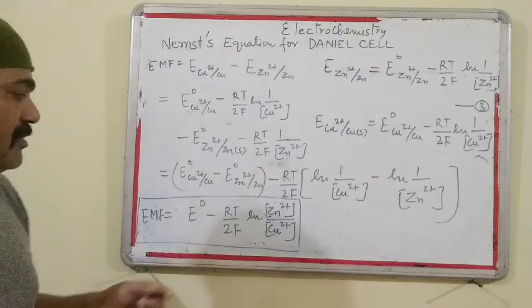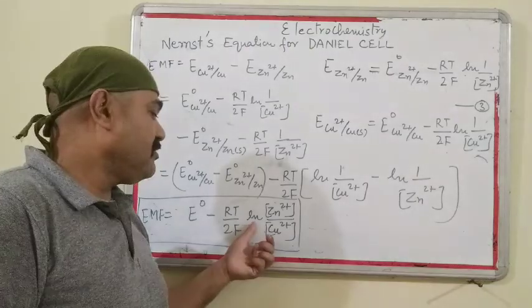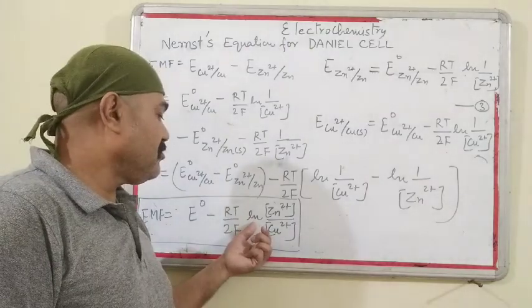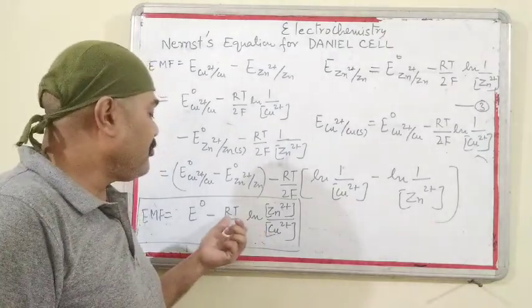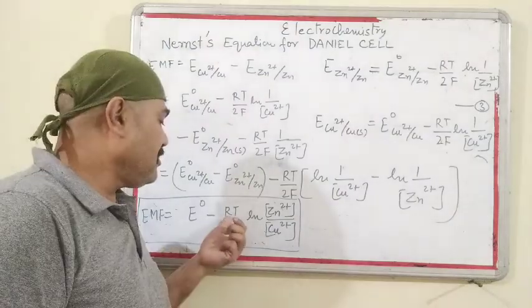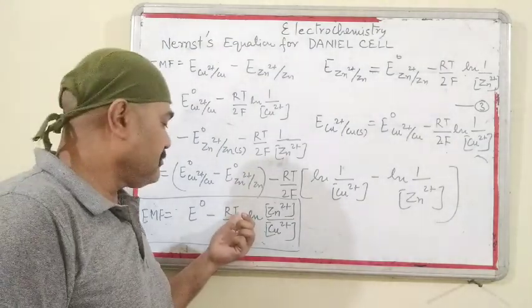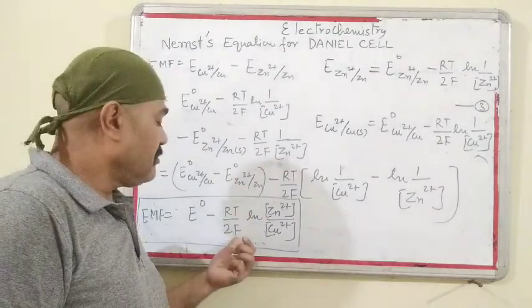Now we can convert the natural log into log to the base 10 by multiplying by 2.303, and by putting in the values of R, the universal gas constant, T, the temperature, and F, the Faraday.